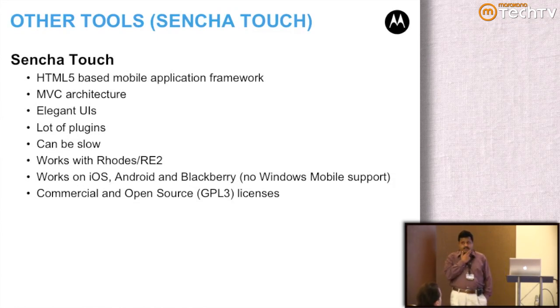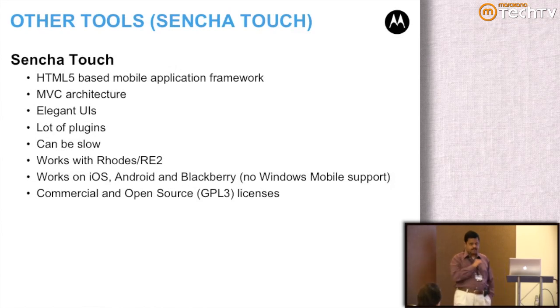Sencha Touch. This is commercial software. This is also based on HTML5. Its selling point is that it uses an MVC architecture just for the JavaScript aspect of your application.